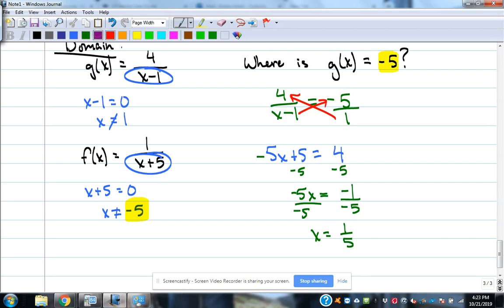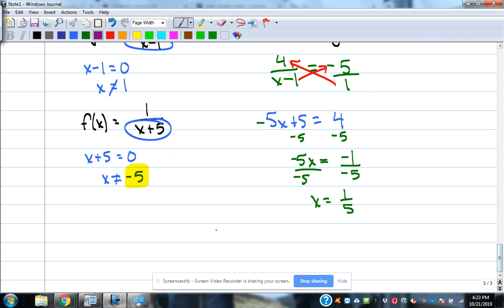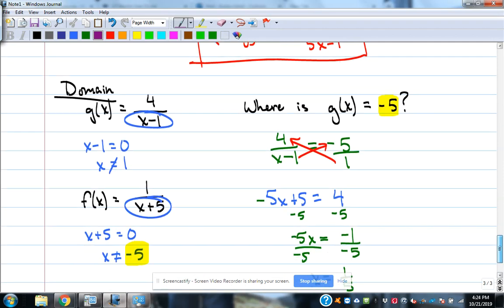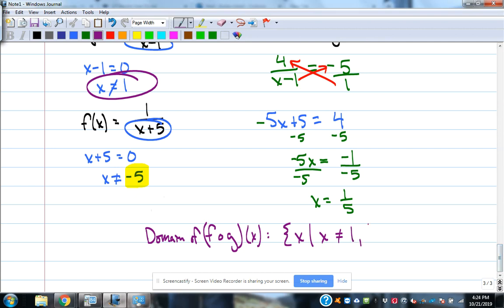So the restrictions for the composite function, so the domain of f composed with g of x is all x's as long as x does not equal negative 1, or excuse me, that was positive 1. Let's look at, yeah, right here, positive 1 and positive 1/5.